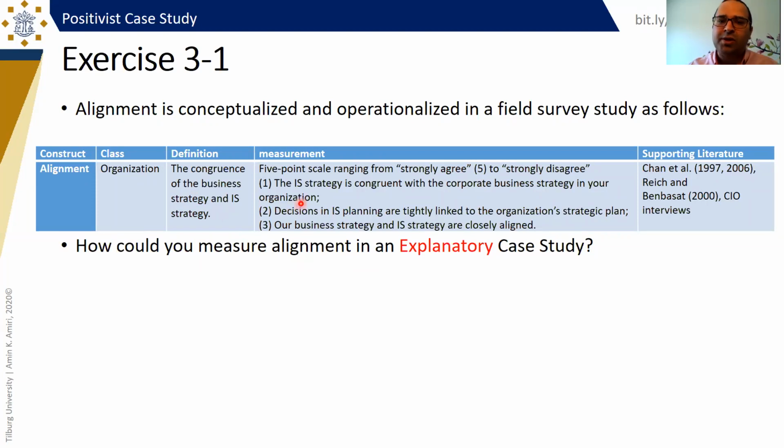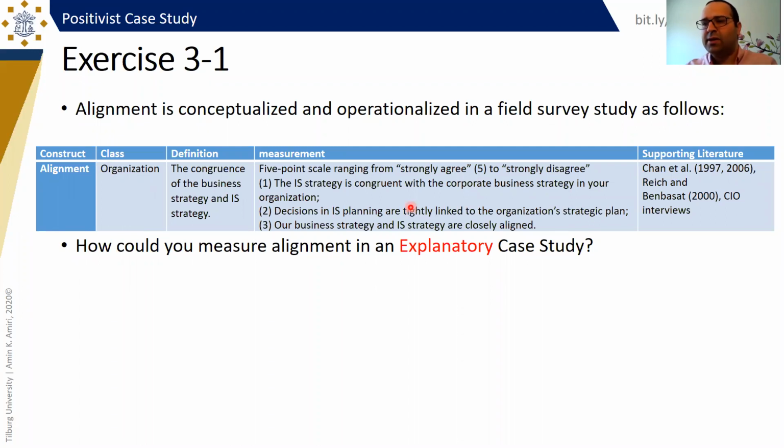And in the questionnaire, we are going to ask the CIO to give a value from 1 to 5, from 5, strongly agree, to strongly disagree, which is 1. The CIO will read these 3 and will assign a value for the organization. For the organization, the theory is about the organization. Okay, so this is a field survey.